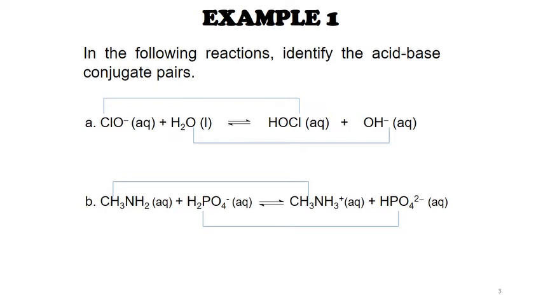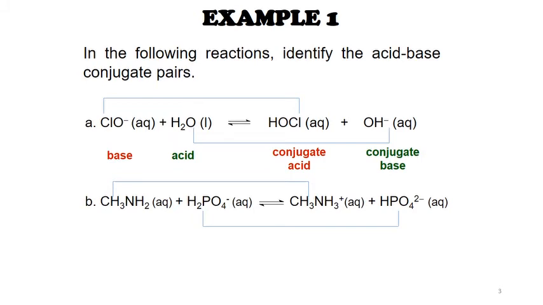So ClO- is a base and HOCl is the conjugate acid. Water donates a proton to ClO-, so water becomes an acid and hydroxide ion is the conjugate base.